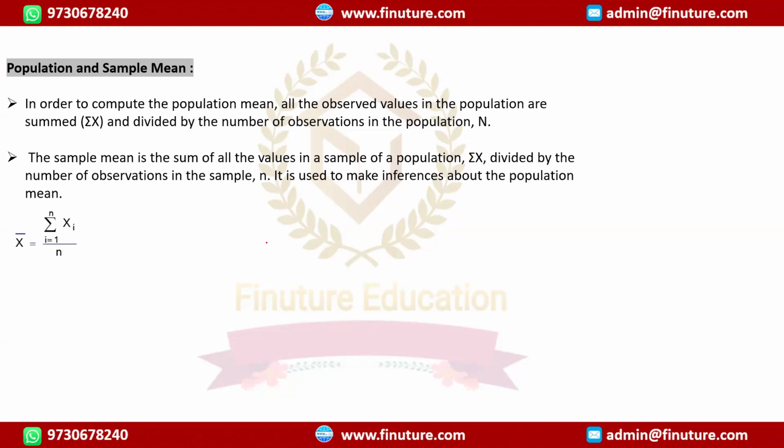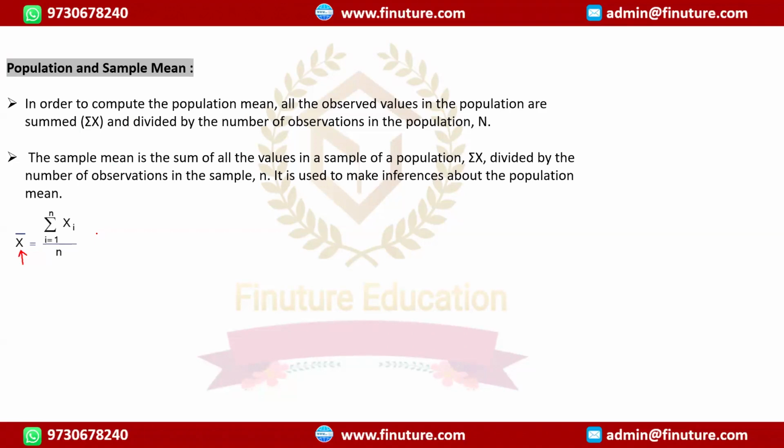So let's see what we have. There are a few notations that you need to know. When we talk about X bar, it is your sample mean. How do you derive your sample mean? You sum all your data points in your sample and divide by the number of data points. I have already explained, but let's see what is there in the slide. In order to compute population mean, all observed values in a population are summed, summation x, and divided by the number of observations.